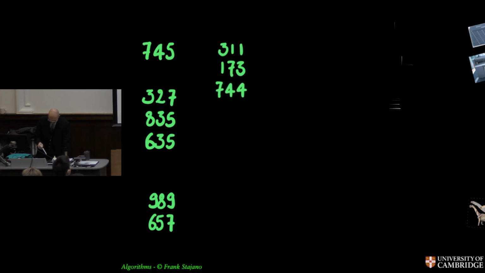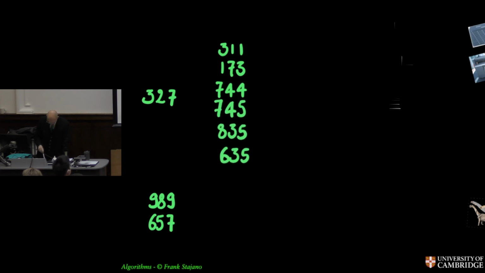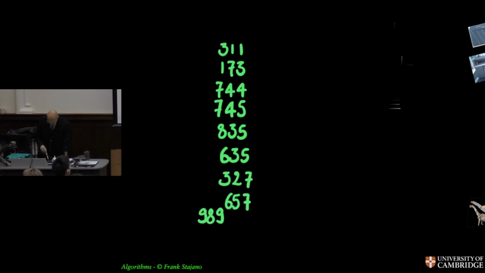And this is a stable sort. So I take these 5s in the order they came through in the input. Then the 7s in the order they came through in the input. And then the 9. So if I look at them as 3-digit numbers, this doesn't look anything like sorted. It all goes up and down. But I've sorted the last column.